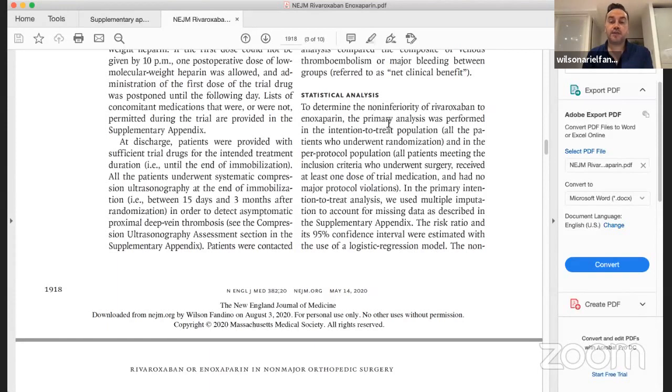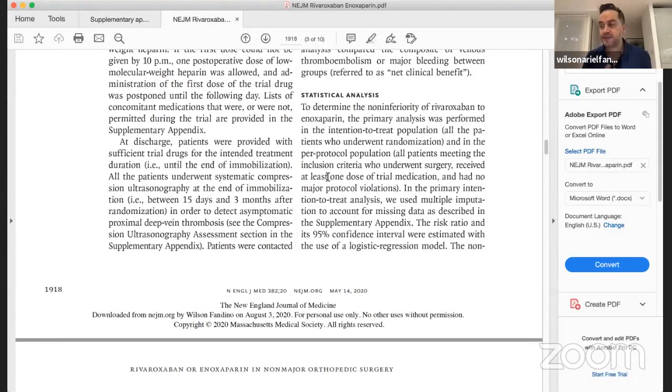You will see in a couple of weeks' time that the non-inferiority design is an indication for the per protocol analysis. But when you are running a non-inferiority trial, you have to do both the intention to treat analysis and the per protocol analysis.